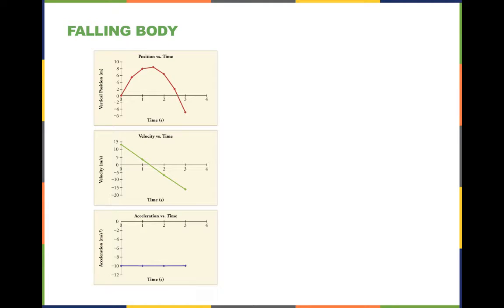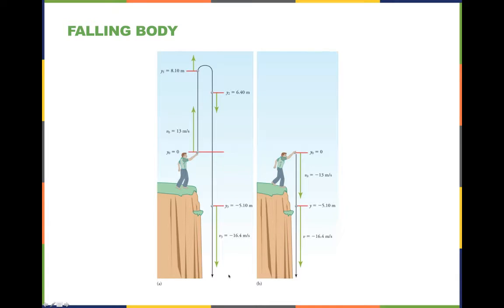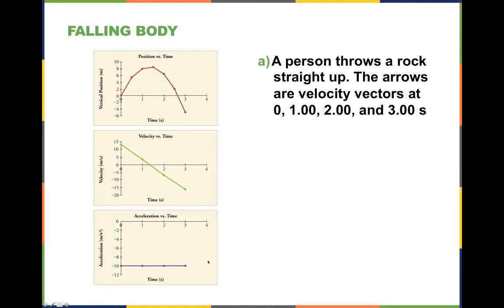So here's an example of what happens if we're looking at position versus time, velocity versus time, and acceleration. First of all, if you look at the acceleration, you have a person that throws a rock up, and this is what happens.